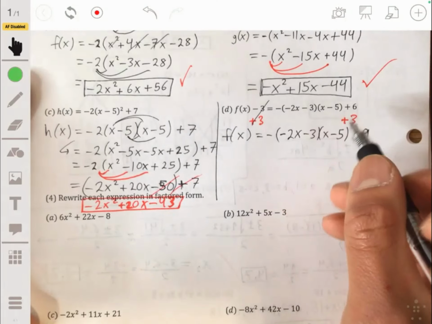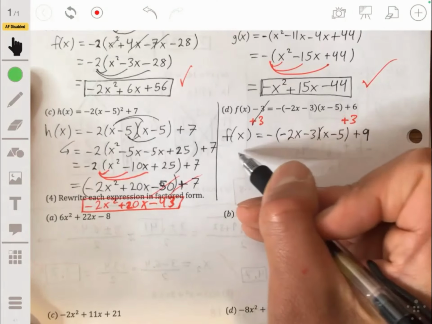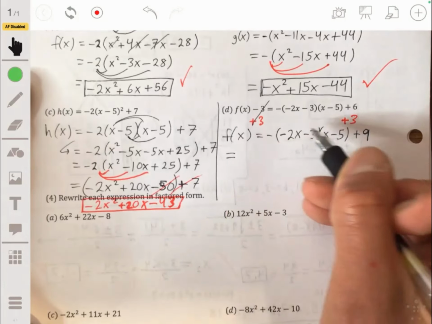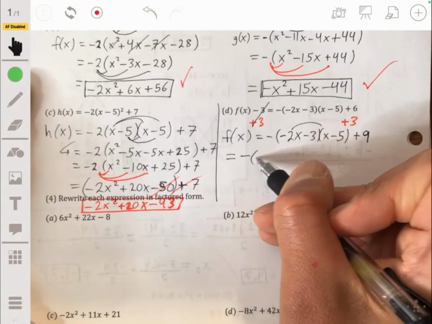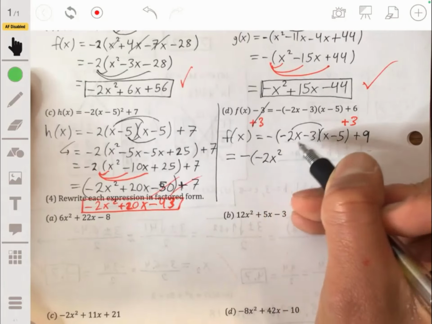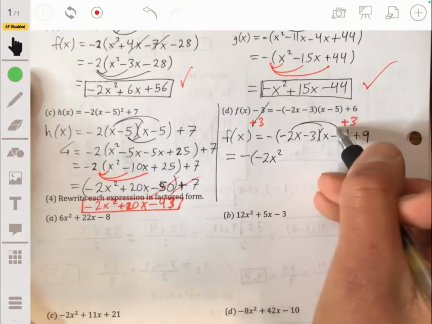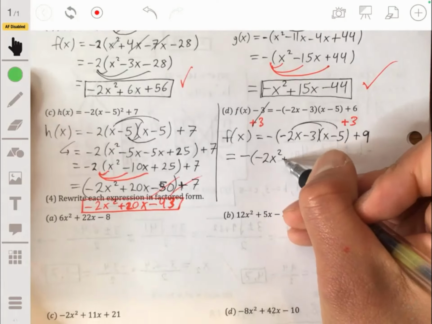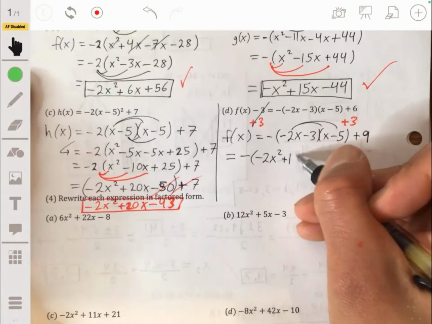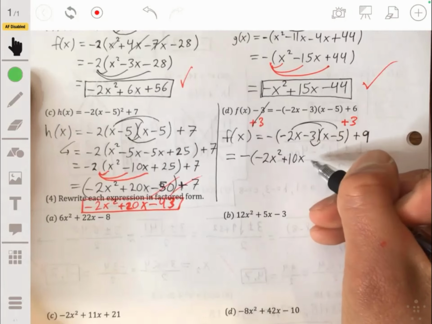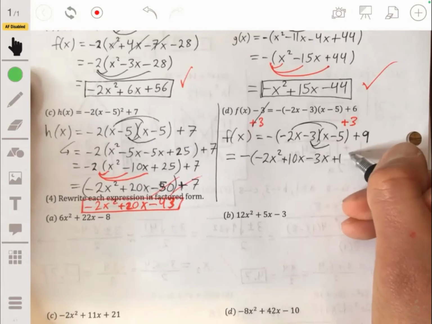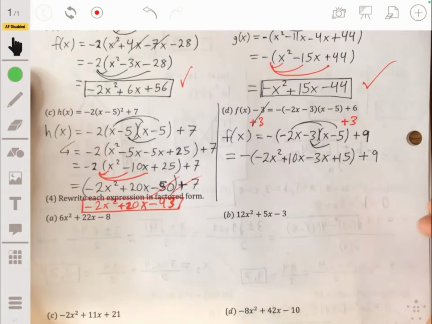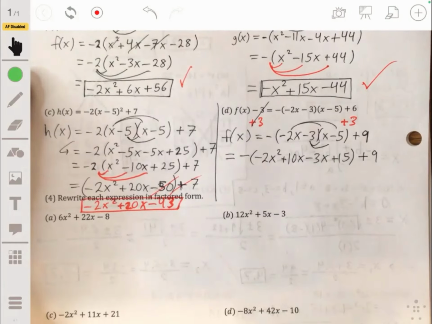And then we can go ahead and just multiply this group out. So -2x times x will be -2x squared. -2x times -5 plus 10x. -3 times x minus 3x. -3 times -5 plus 15 plus the 9 outside.